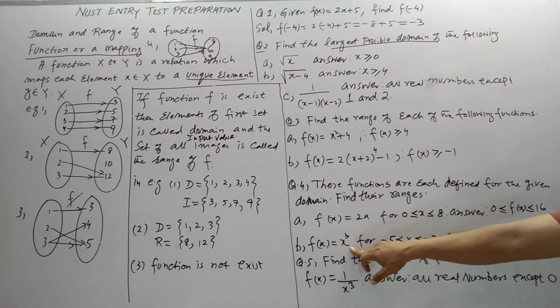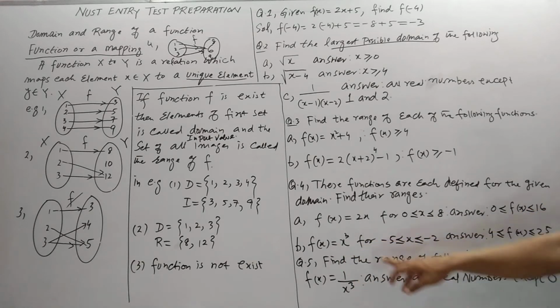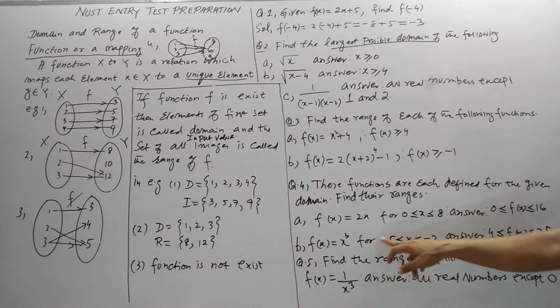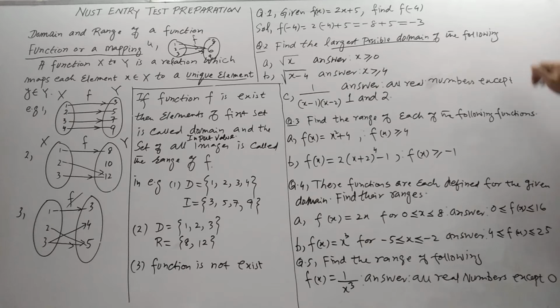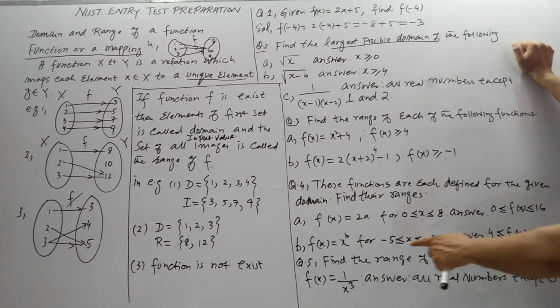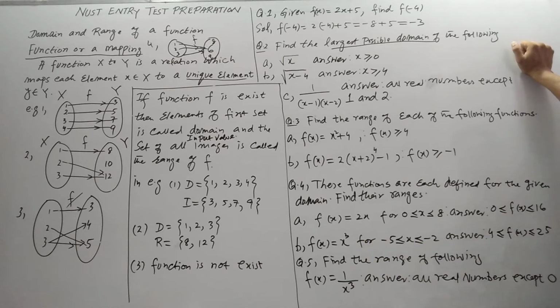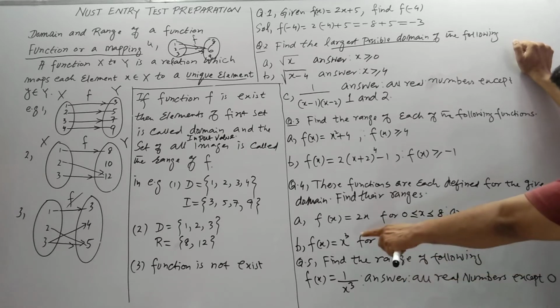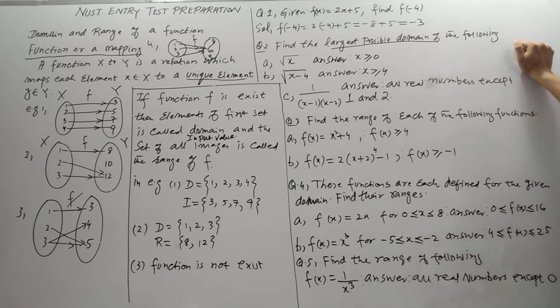f(x) is equal to x cube, and the domain is given, x value is -5 to -2. So what should be the answer? If you put -5 over here, -5 cube is -125.